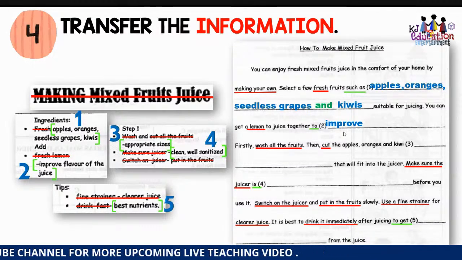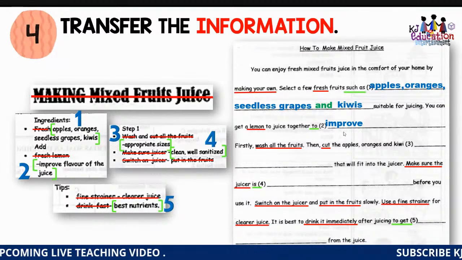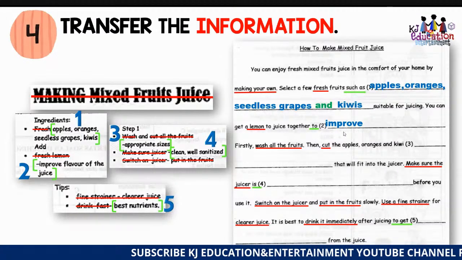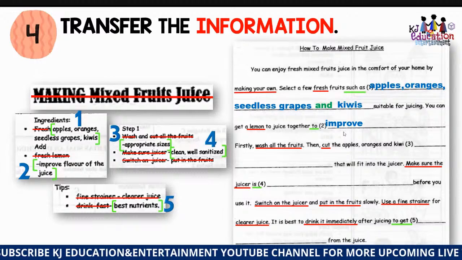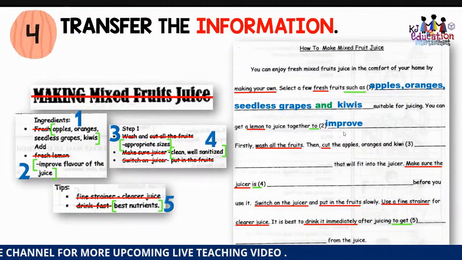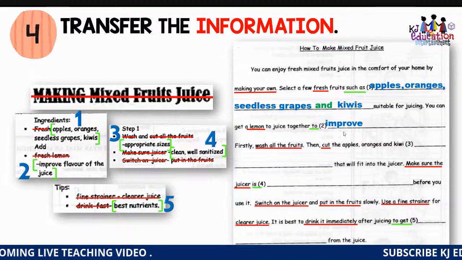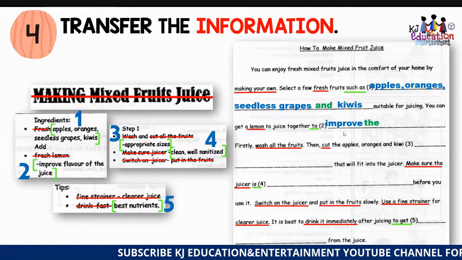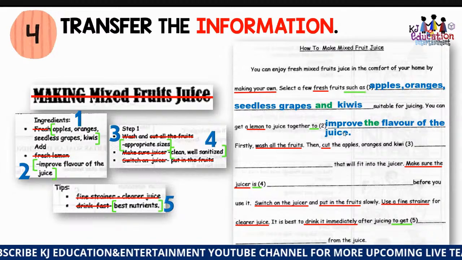So we are going to put in an article over there. So what article is it going to be? Is it going to be a flavor or an flavor or the flavor? Which one would it be? Come on. Yes, the flavor of the juice.